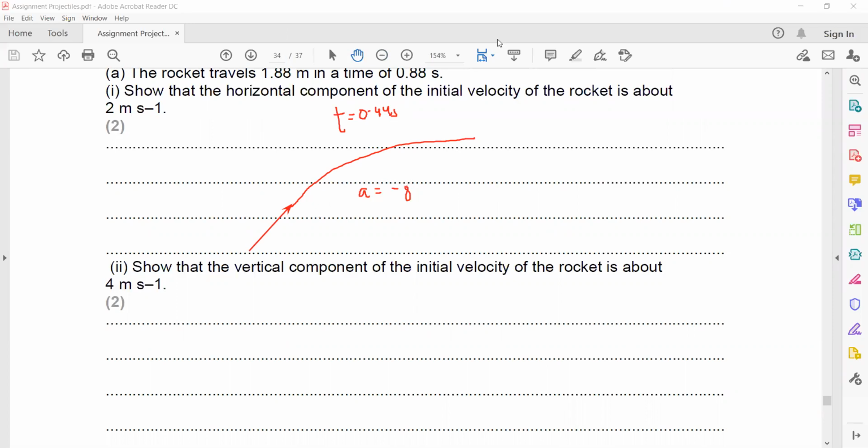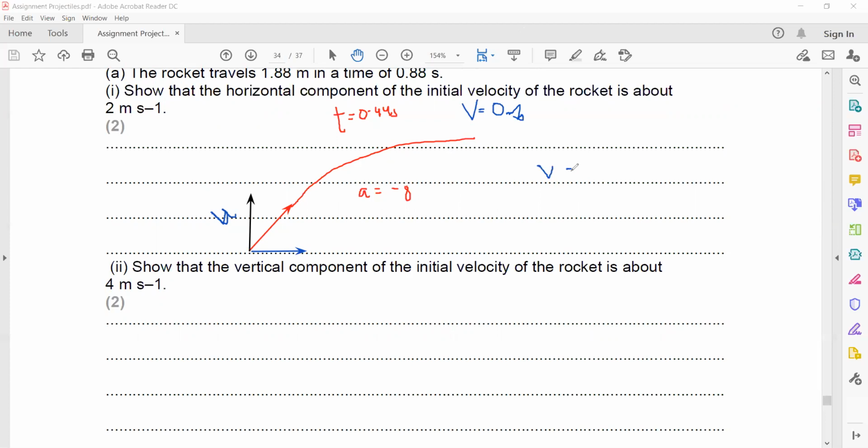And we need the initial vertical component. As we know, the initial vertical component we represent by u, but the final vertical component at maximum height will be 0. So we will use this formula.